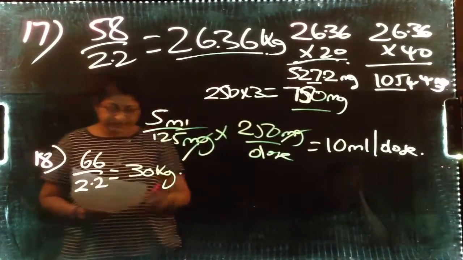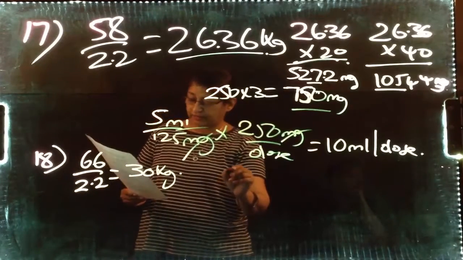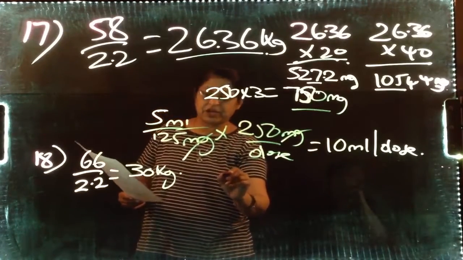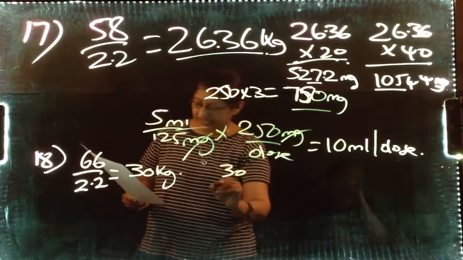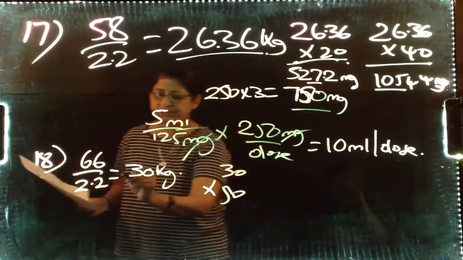Okay? Now let's look at our range. It says you can give from 50 to 100 milligrams per kilo. You understand that?